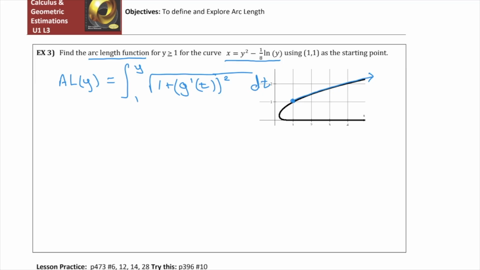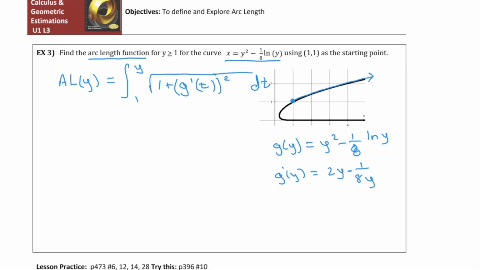So we have to find g prime of t, which is going to begin as a function of g of y. So g of y is equal to y squared minus 1/8 natural log of y. We need our derivative. G prime of y is going to be 2y minus 1 over 8y. Square that and add 1.